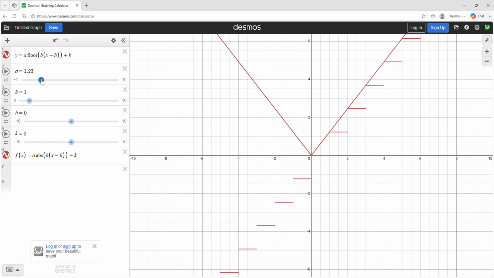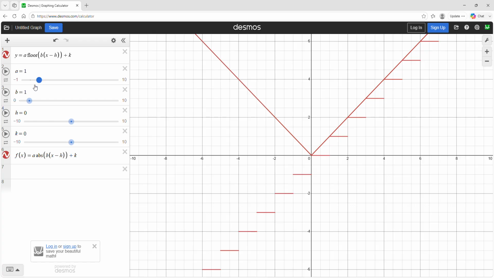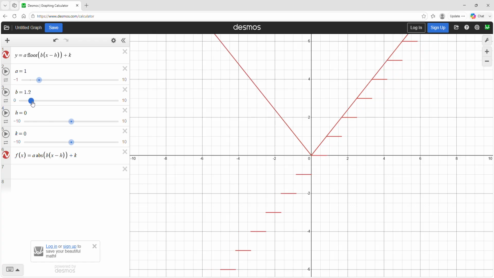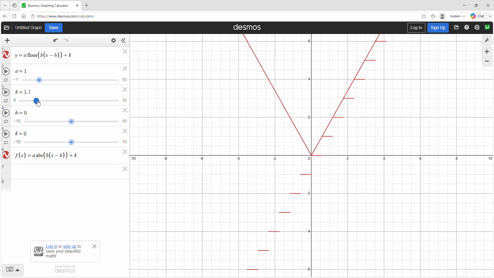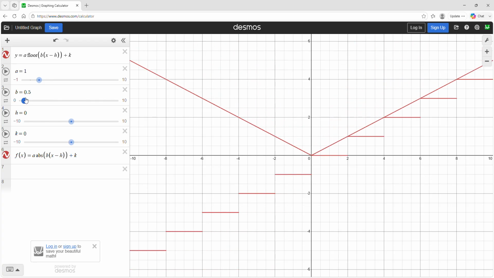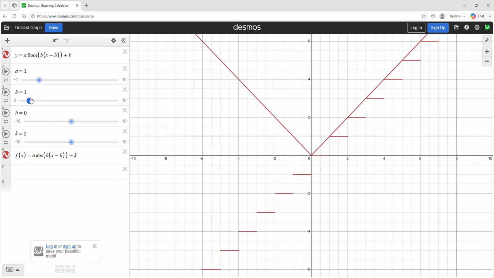Now let's see how the other one works with both of them in the same place. So here we go. Now let's look at this. This is still doing the same thing, right? But this does a horizontal compression, horizontal stretch. But if you notice, the graphs always are looking almost exactly the same, and that's because they're based on the same values.